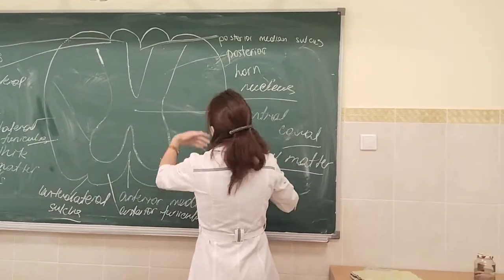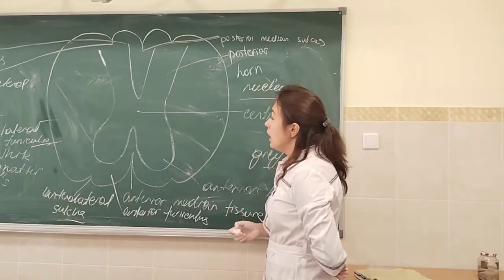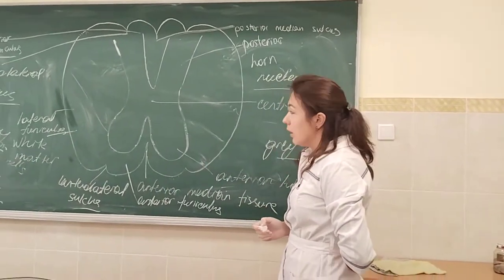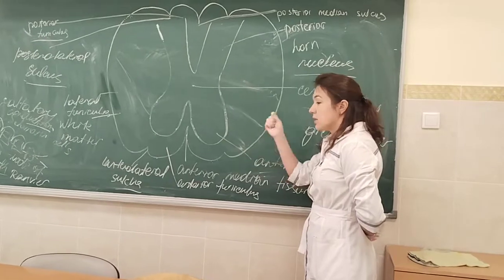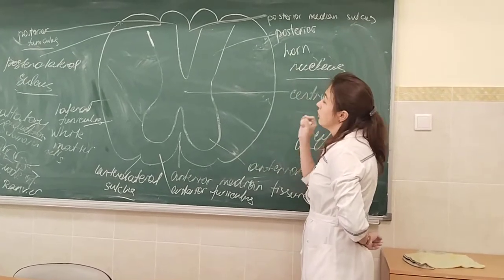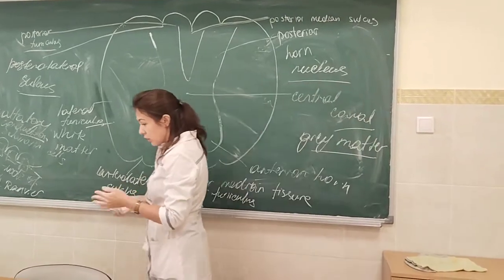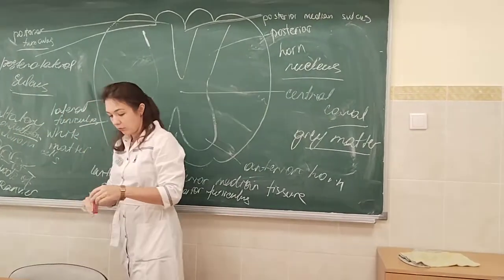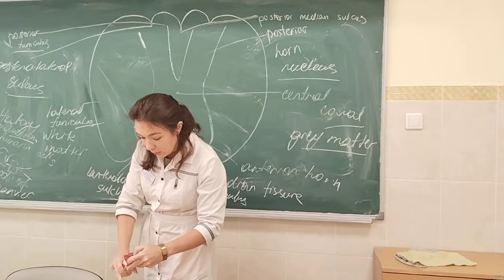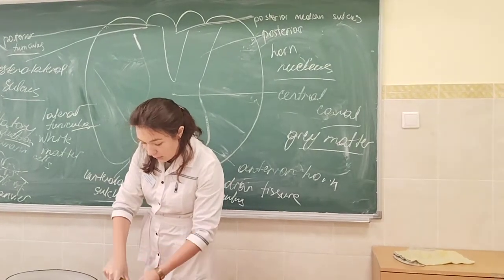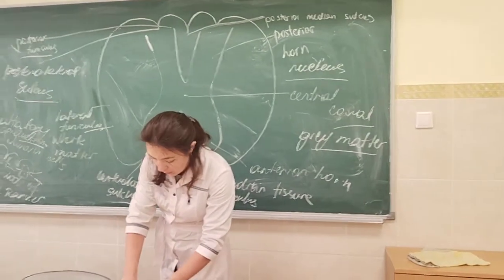So a nucleus, if we talk about the nervous system, is a group of neuron bodies that is located inside the CNS and performs the same function. A nucleus is also a cell organelle, yes, which contains genetic material of this cell. But here in the nervous system, a nucleus has one more definition.